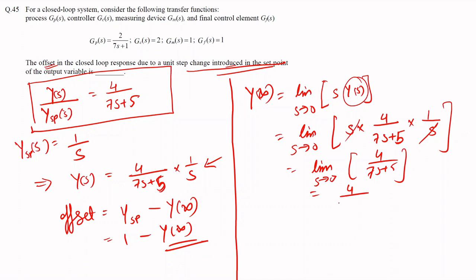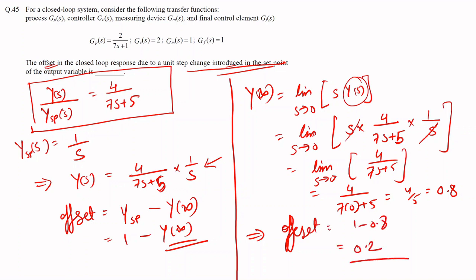This will be equal to 4/(7 into 0 + 5), that is 4/5, equal to 0.8. That implies our offset for the system will be 1 minus 0.8, that is 0.2.